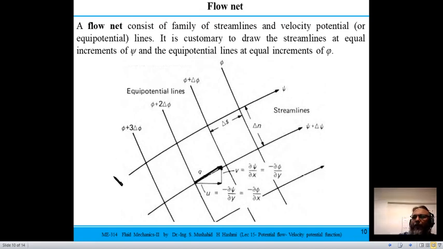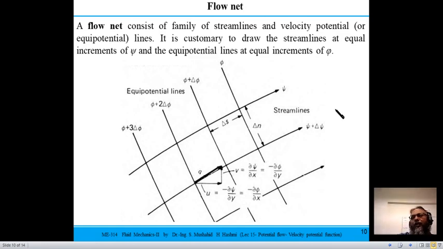Psi represents the stream function, and the lines perpendicular to it represent velocity potential functions, or equipotential lines. We know both are orthogonal to each other. The distance between two neighboring streamlines is delta n, and the distance between two equipotential lines, or velocity potential lines, is delta s.